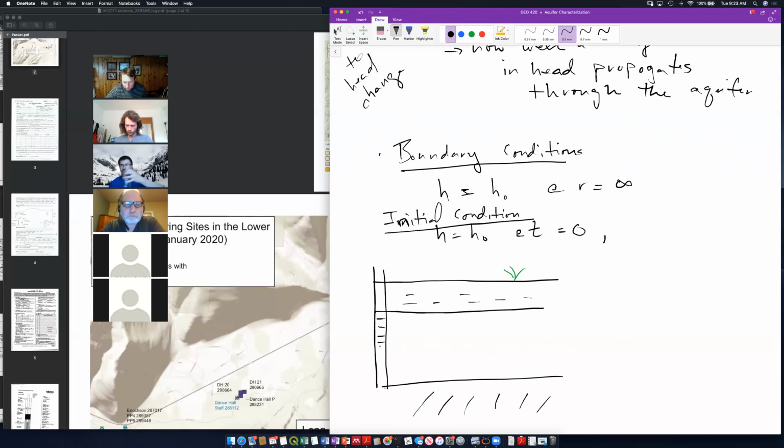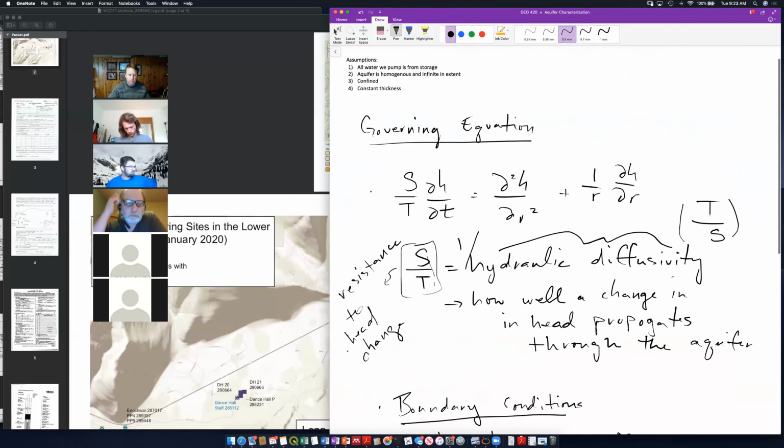Oh, this is another assumption that I need to put down. I'm screened over the full thickness. So this is another really important assumption: screened over the full thickness of the aquifer.